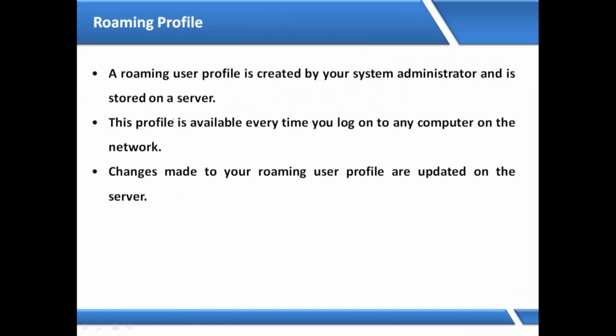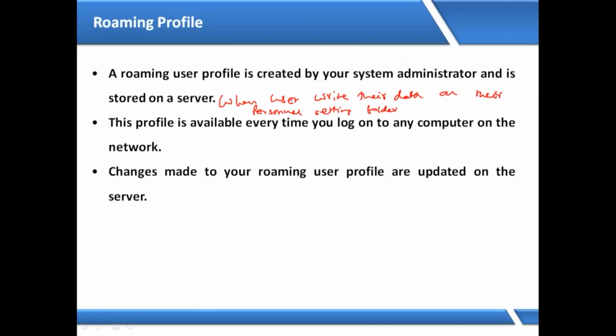The user's data is stored on a server when the user writes their data in their personal setting folder. So in the roaming profile also, we write the user's data in their personal setting folder, but here the data will be stored on the server.